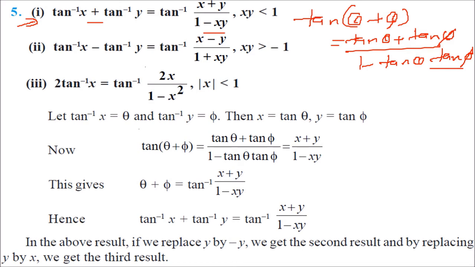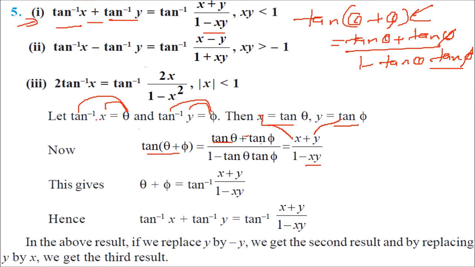First, take tan inverse x as theta, and tan inverse y as phi. So x will be tan theta and y will be tan phi. Now we know that tan of theta plus phi is tan theta plus tan phi by 1 minus tan theta tan phi. In this, tan theta we can replace with x, and tan phi we can replace with y.